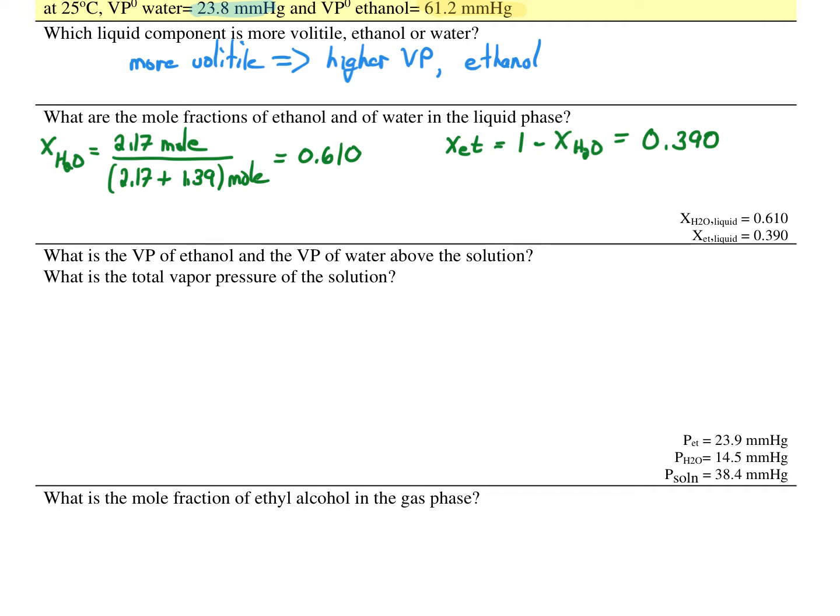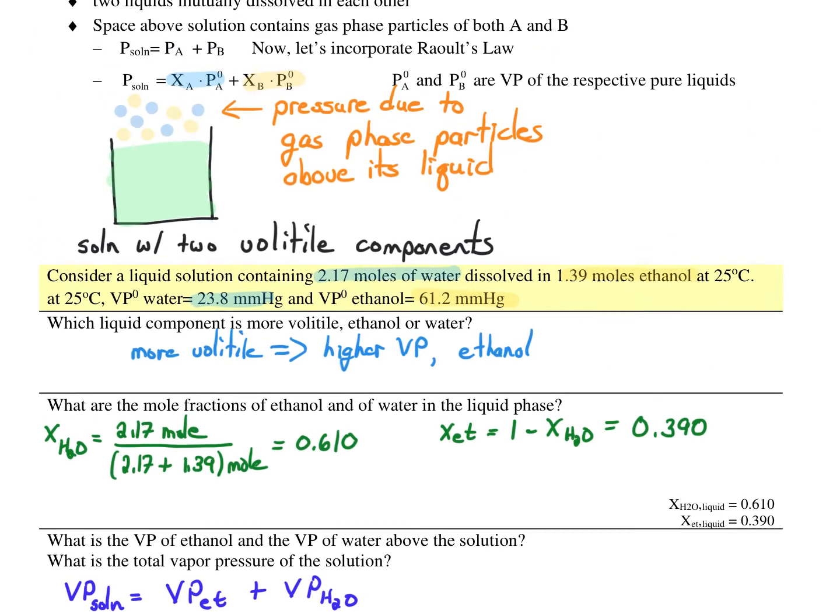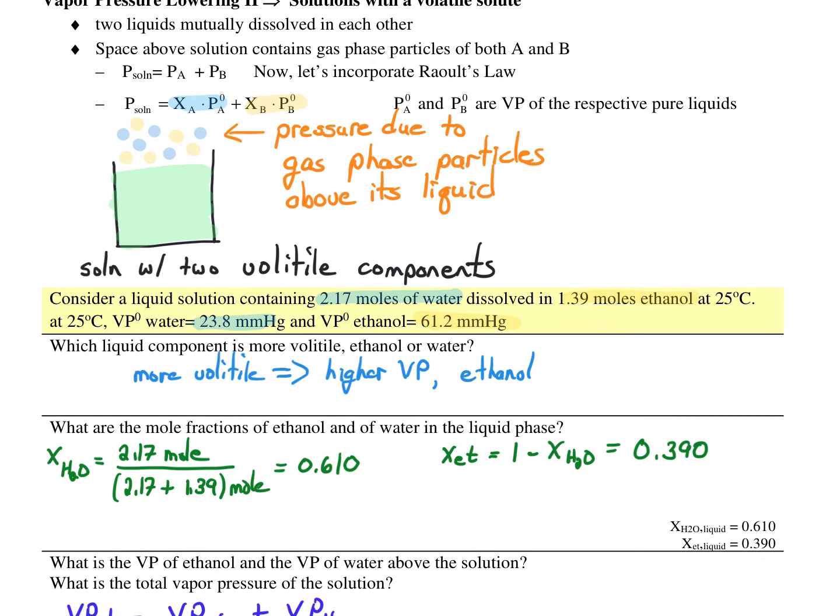And to do that, we have to apply Raoult's law. We do that for both of these components. So the vapor pressure of the solution is going to be the vapor pressure due to ethanol plus the vapor pressure due to water. Because again, we have particles in the gas phase above the solution of each of these components.